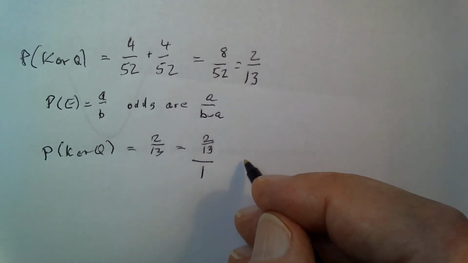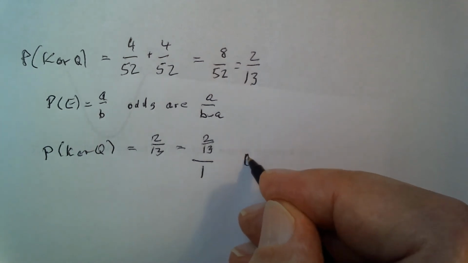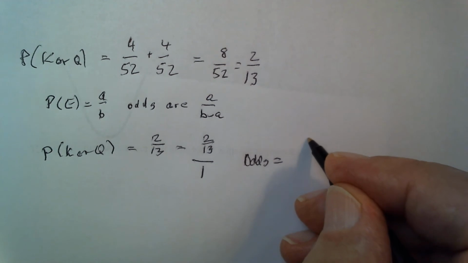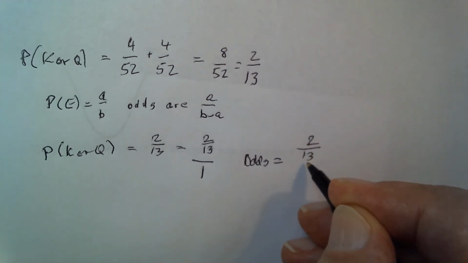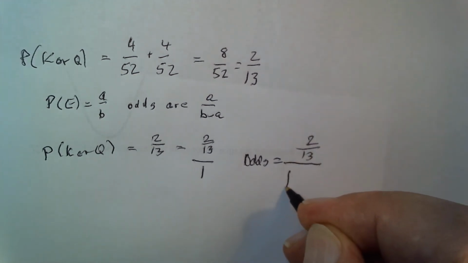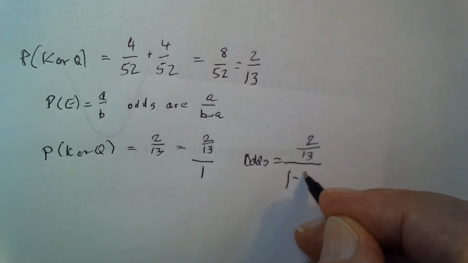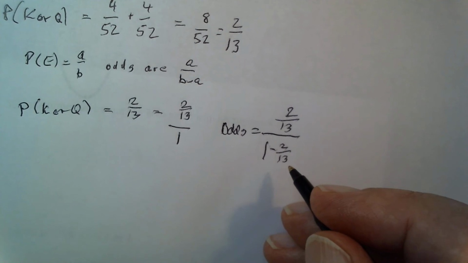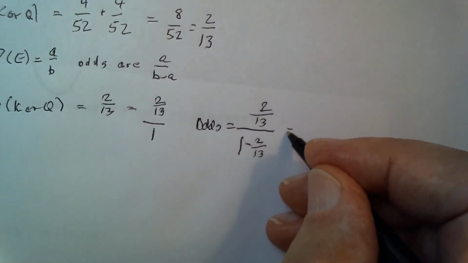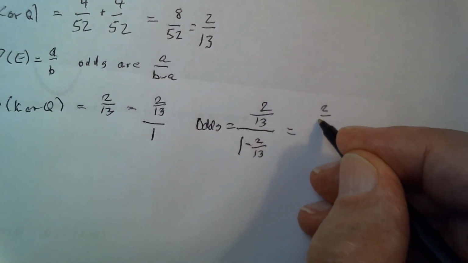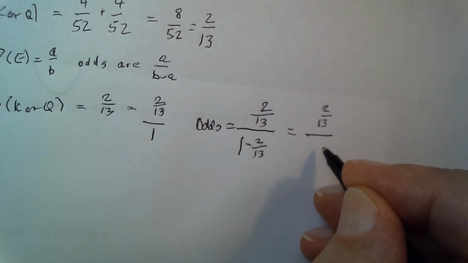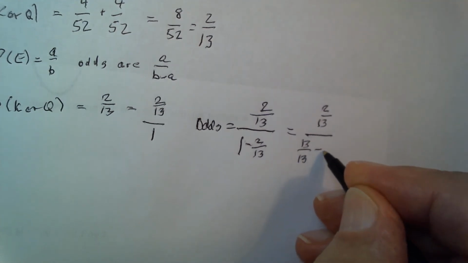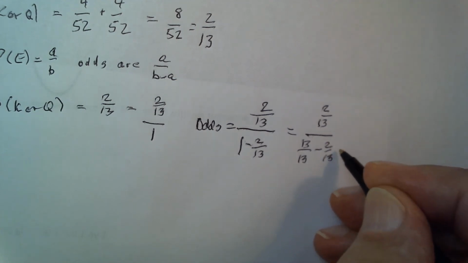So then the odds for such an event is equal to 2 divided by 13 divided by 1 minus 2 divided by 13. Okay? So combining expressions in the denominator would be 13 over 13 minus 2 divided by 13.